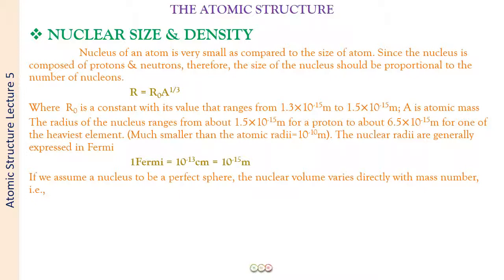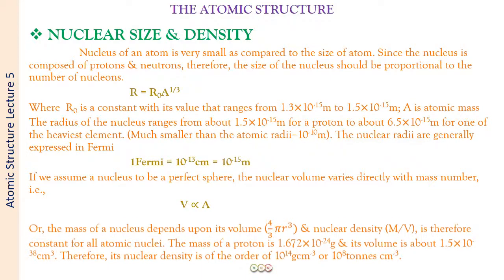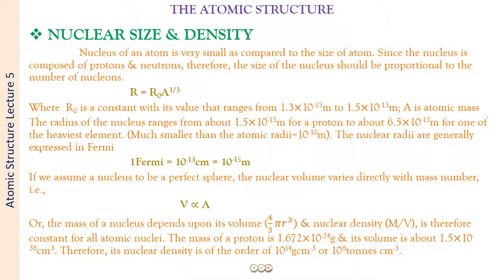So now the volume is also going to be related to the mass number. So we have V proportional to the mass number, or we can say that the mass of the nucleus depends upon the volume 4 by 3 pi r cube, and the nuclear density m by V is therefore going to be constant for all atomic nuclei.